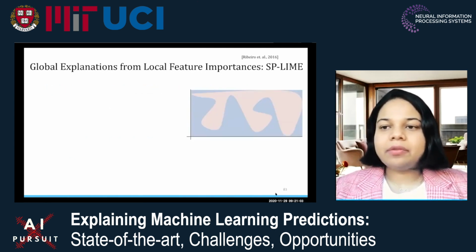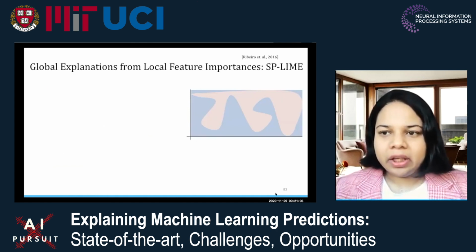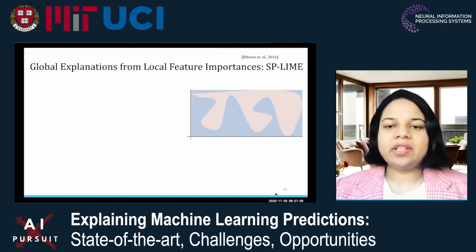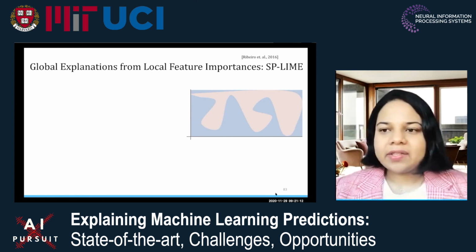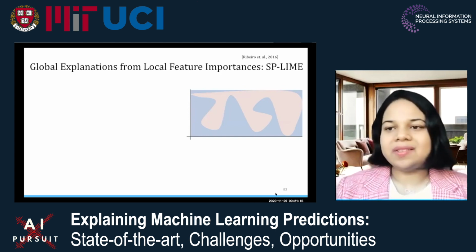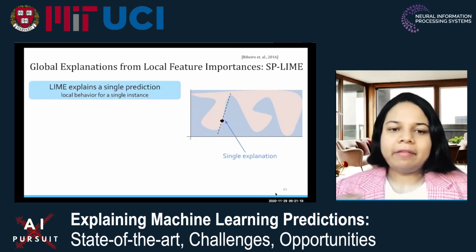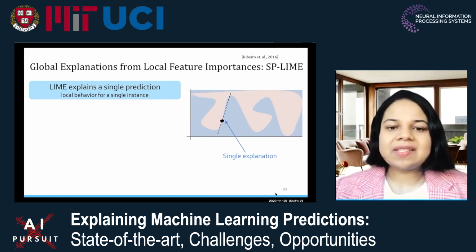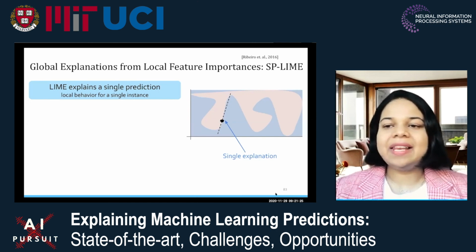Now let's see one of the first algorithms which actually uses this kind of idea or intuition. The algorithm is SP-LIME and it tries to construct global explanations using local feature importances. By now we are all aware that LIME explains a single prediction or local behavior of a model for a single instance, right?